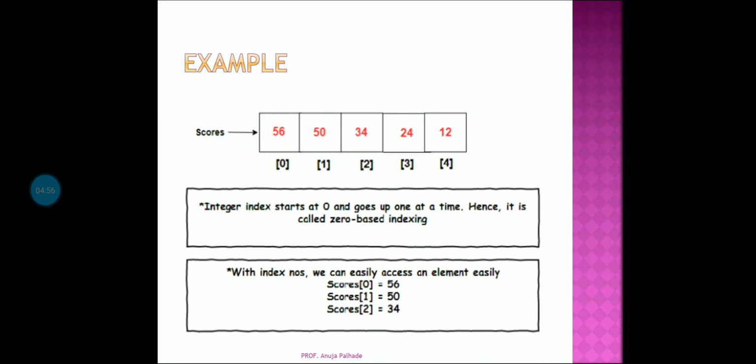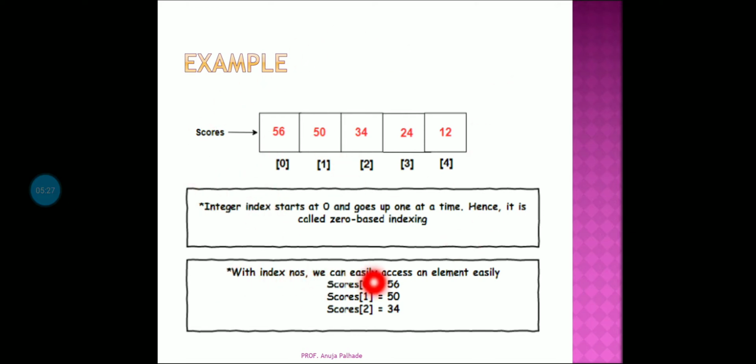Integer indices start at 0 and go up one at a time, which means a one-by-one increment only in indices. 0 plus 1 is 1, 1 plus 1 is 2, 2 plus 1 is 3, 3 plus 1 is 4. Indices start from 0 and go up one at a time. This one word is very important: it is called zero-based indexing.